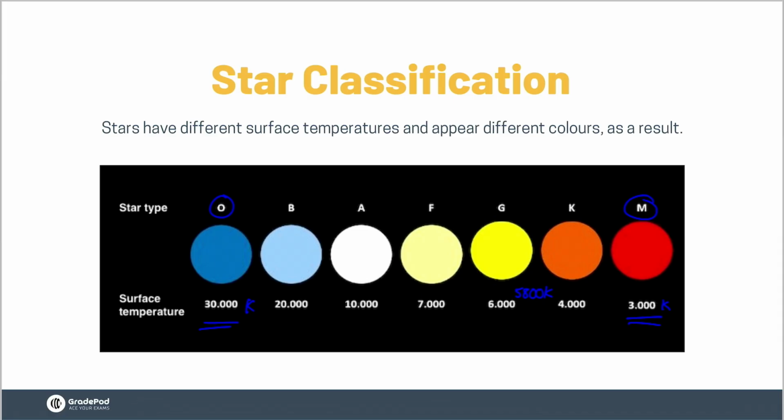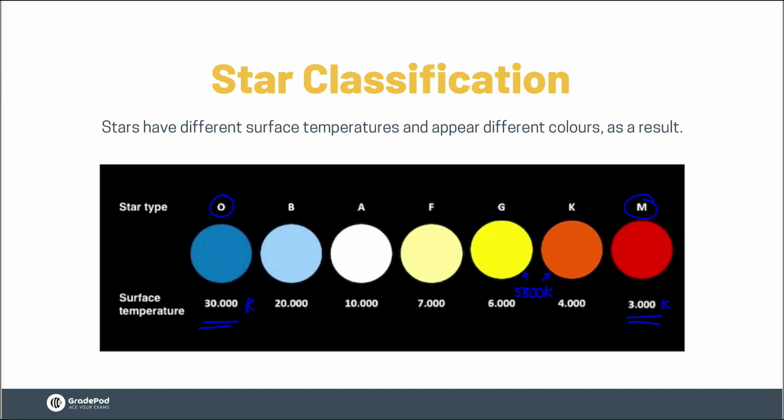So it sits between this idea of a yellow star and an orange star. So that's why our sun looks kind of yellowy orange, because the surface temperature of our sun is between this idea of a G and K. So if we had to pick one, we'd say that our sun is a star type G and it has a surface temperature closest to 6,000 Kelvin.